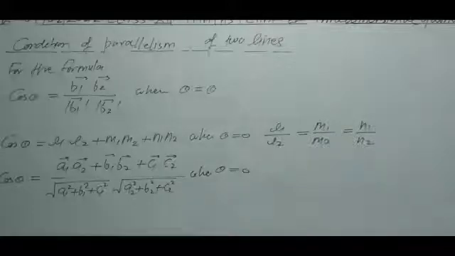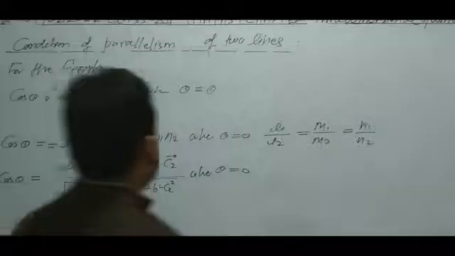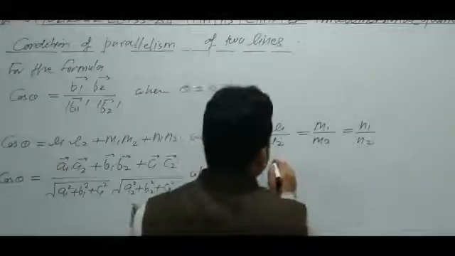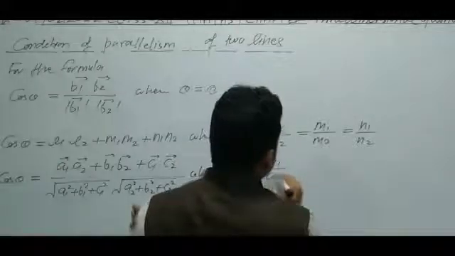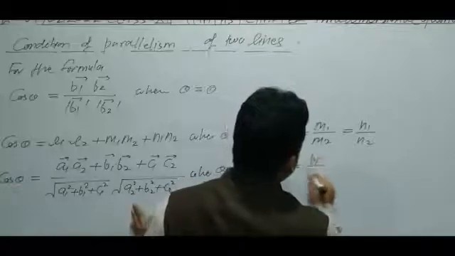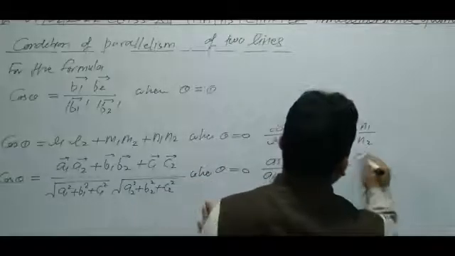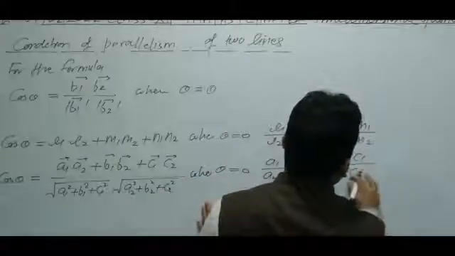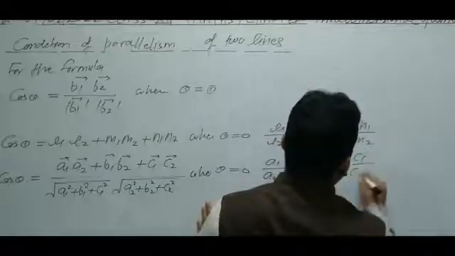In this case, the ratio of their direction cosines will be equal. Now for direction ratios, a1 upon a2 is equal to b1 upon b2 is equal to c1 upon c2.